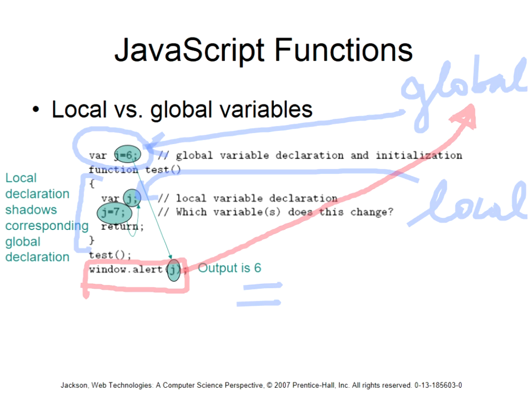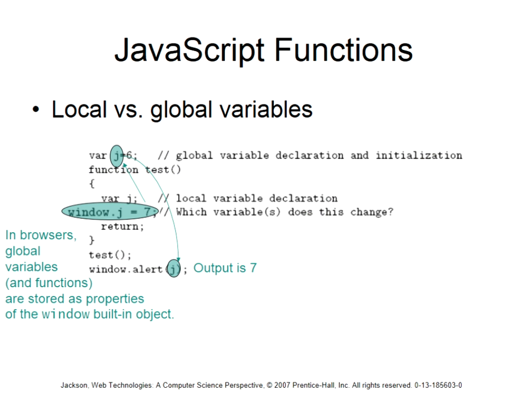So the question is, if we want to modify this variable to 7, we want that function test modify the variable of g from 6 to 7. So in this case, we have to specify that we want to modify the global variable, not the local one, and we write window.g in the function.